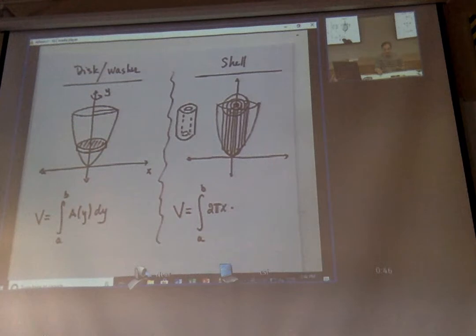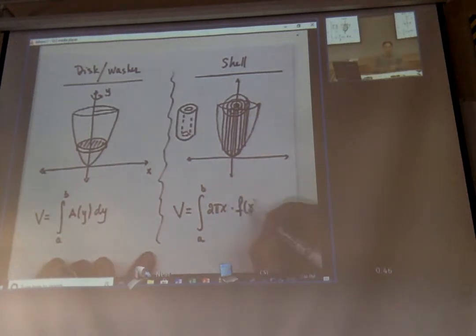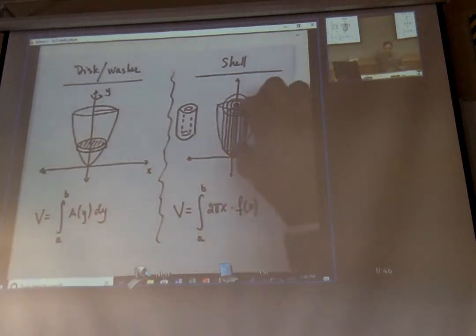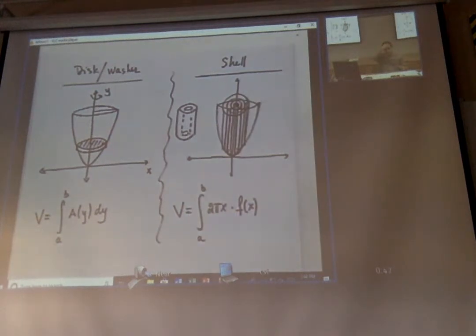So here, actually, this is not the circumference of each of them, but the average circumference, okay? Then we have f of x, which is the height of that shell. So height, how tall that pipe is, that's what we have. And then we have dx.